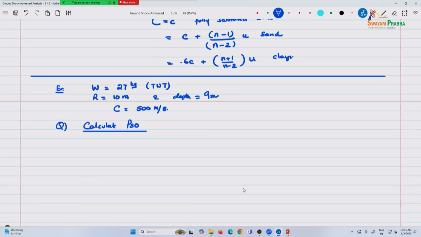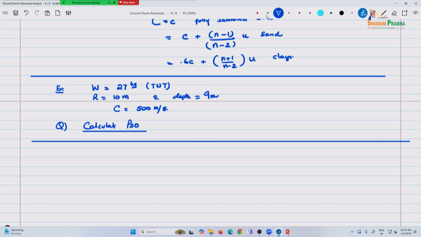So we start with U is 48 Fc, F sub C multiplied by 2.52 R divided by W to the power 1/3, to the power minus n.